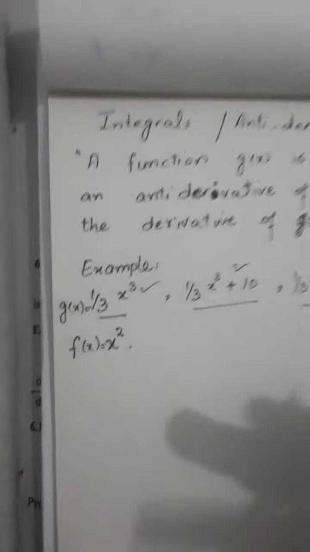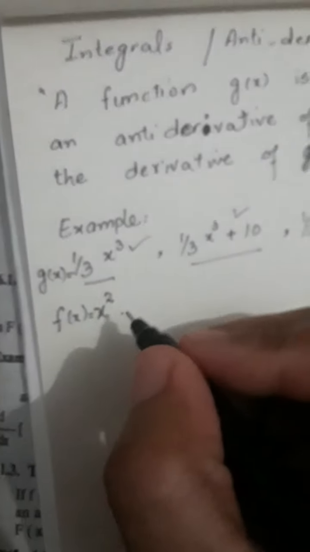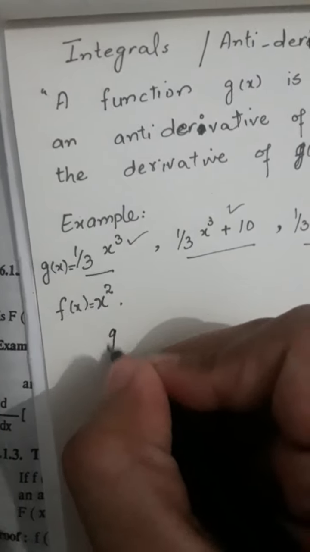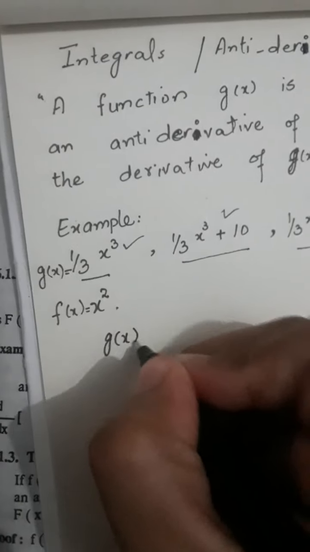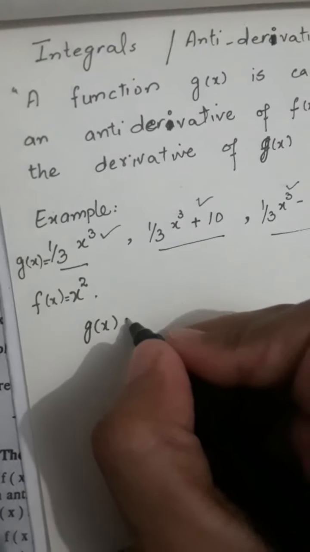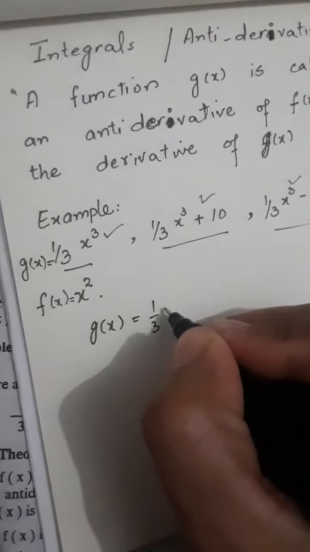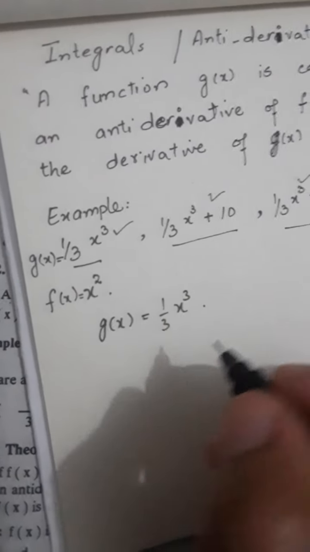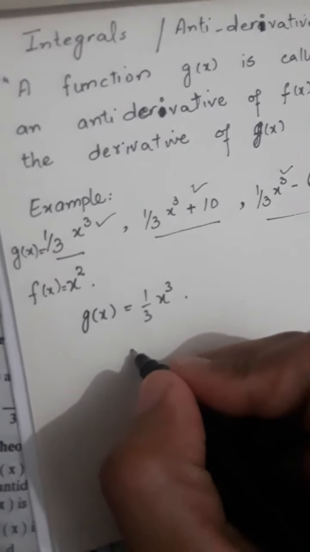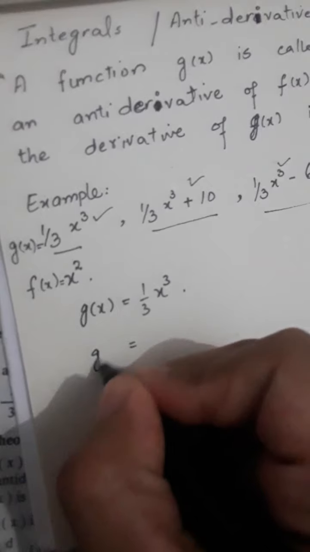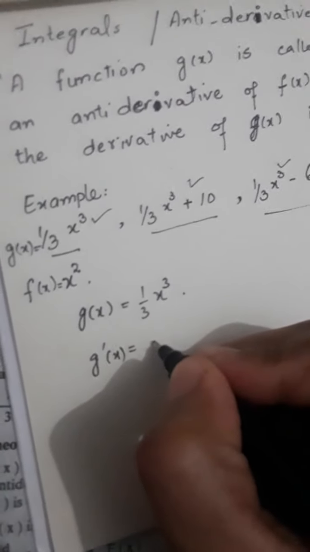So let's take the first instance, which says g of x equals 1/3 of x cubed. Differentiating it, we get, let's say, g prime of x.